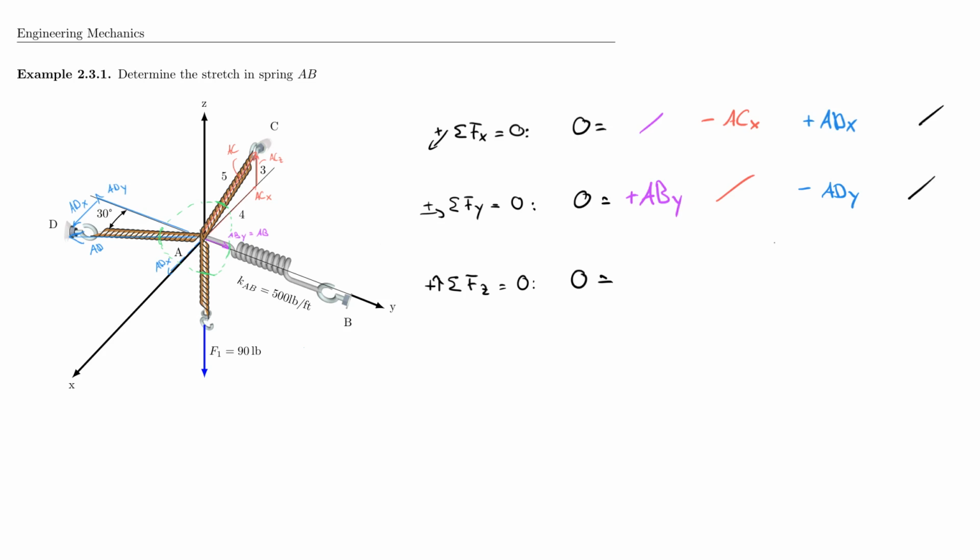Last but not least, I have the z direction where AB has no z component. You start to see why this is our first introductory problem, right? Because it's becoming very simple now. In the AC cable, of course, I do have a z component. So this is plus ACZ, and then the next cable has no component, so I cross that out. But I have minus 90 pounds here.